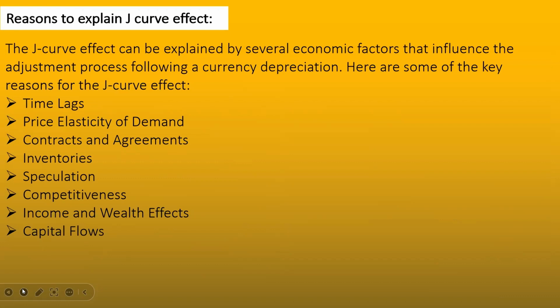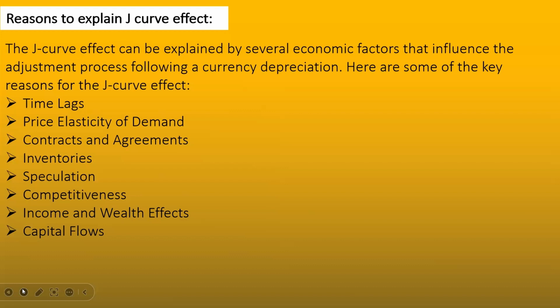When a country's currency depreciates, it takes time for consumers and businesses to adjust their behavior. In the short term, they may continue with their existing consumption and investment patterns. It can take months or even years for them to adapt to the new price levels and switch to domestic products or increase exports. Price elasticity of demand.